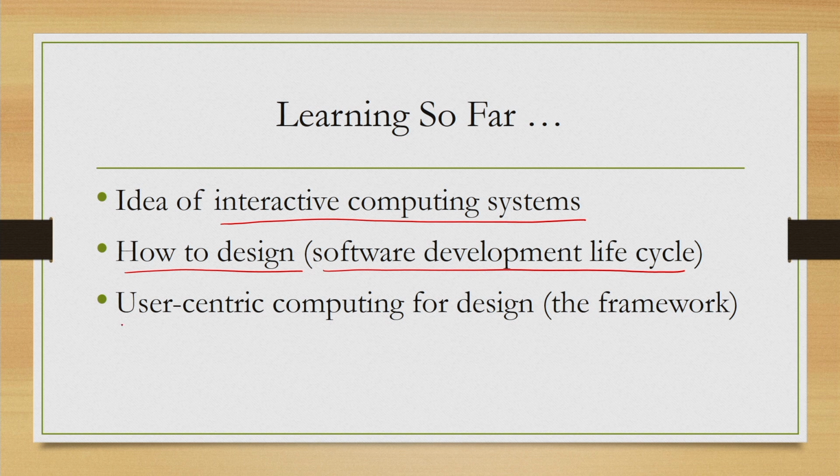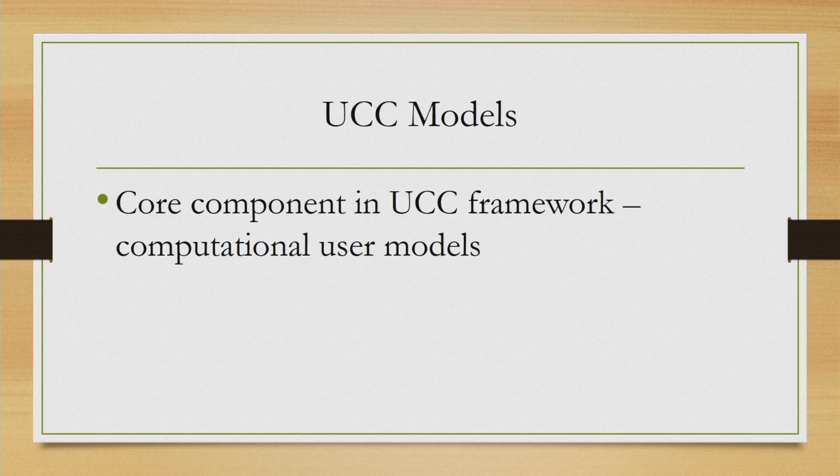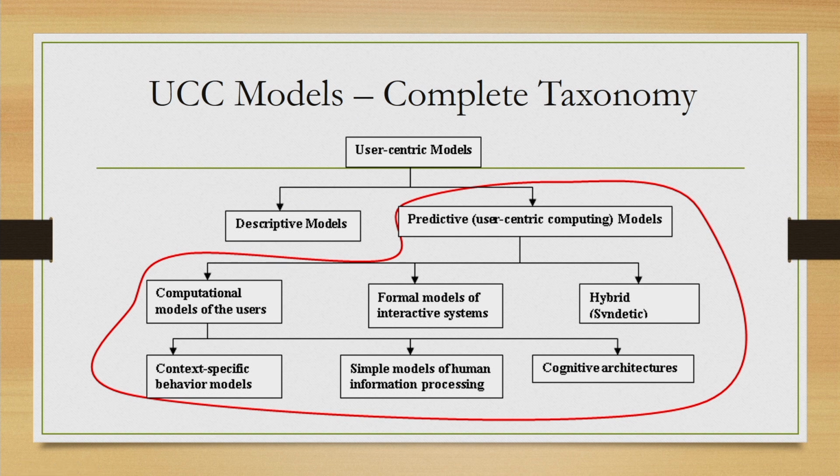This was followed by discussion on the idea of user centric computing for design, where we mentioned one framework. Along with that, we also mentioned that the core component of the framework is the computational user models, and we had some introductory discussion on different types of such models, where we identified a class of models that is our main focus. Those are called predictive models or user centric computing models.